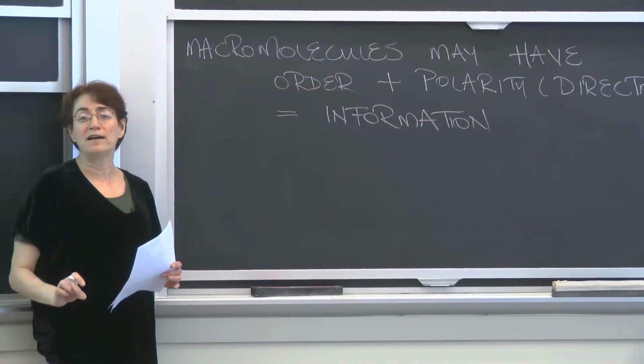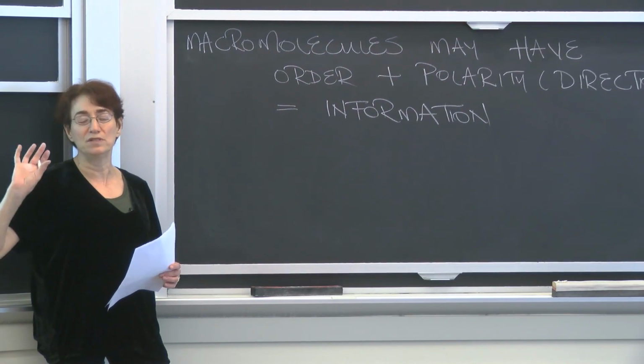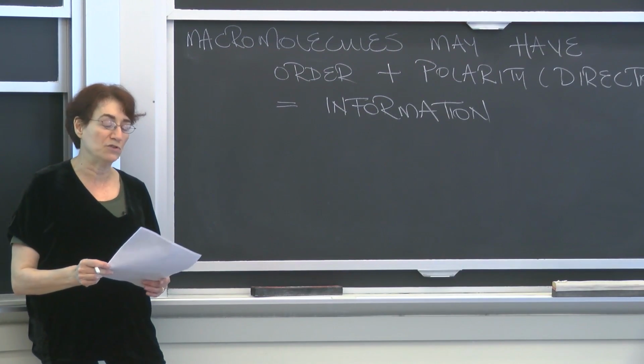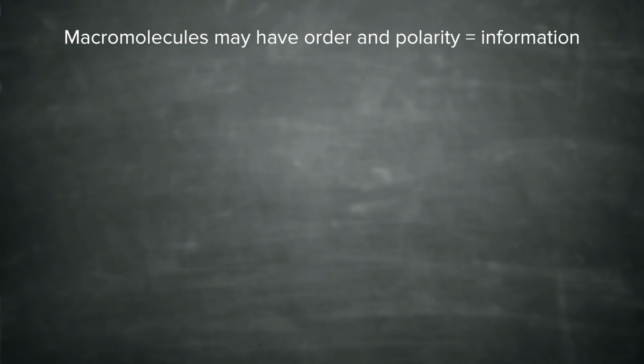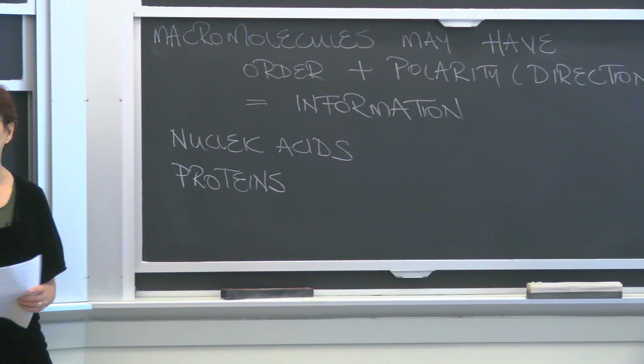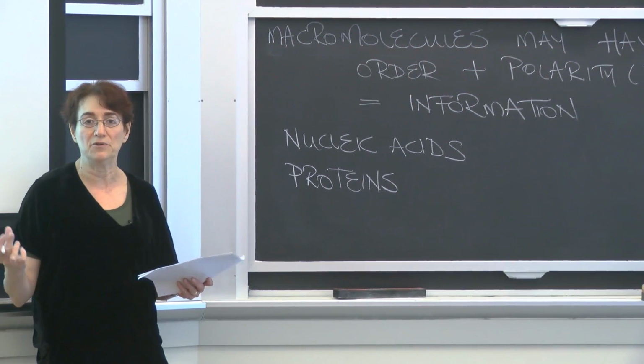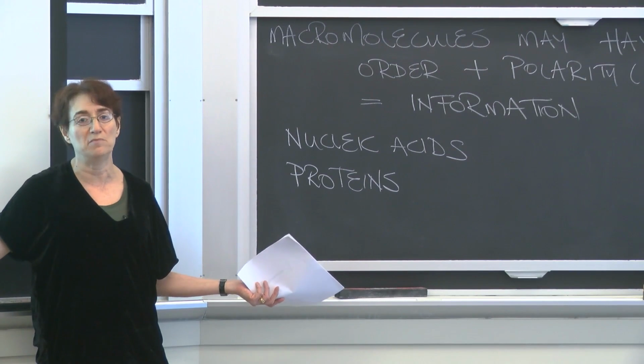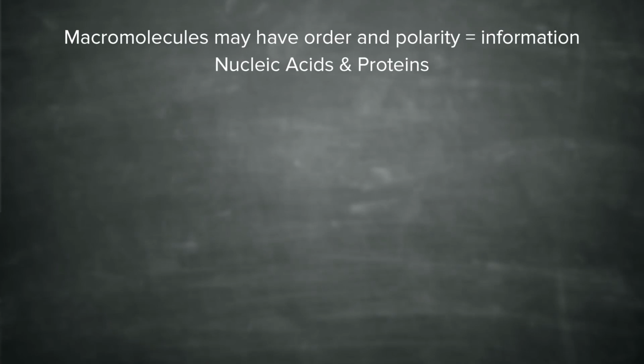The two classes of macromolecules that do this par excellence are the nucleic acids and the proteins. And so we're going to talk about both of those, nucleic acids and proteins. The nucleic acids, as I said, carry the information of heredity. The proteins carry the information of just about everything else. So these two classes are what we'll discuss over the next few minutes.